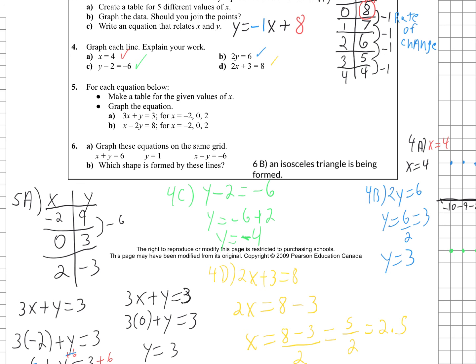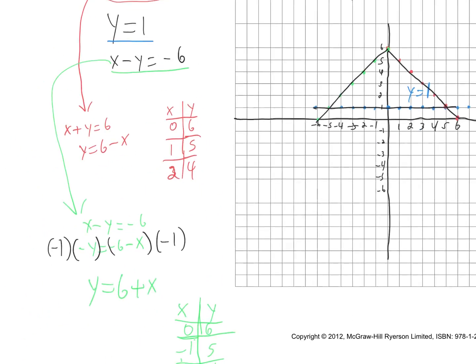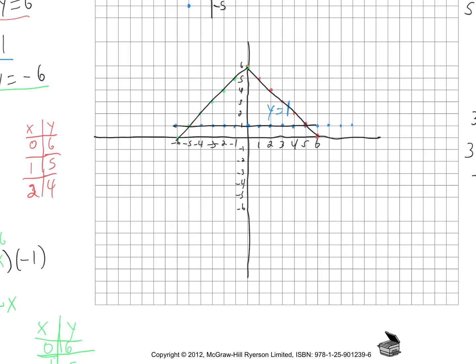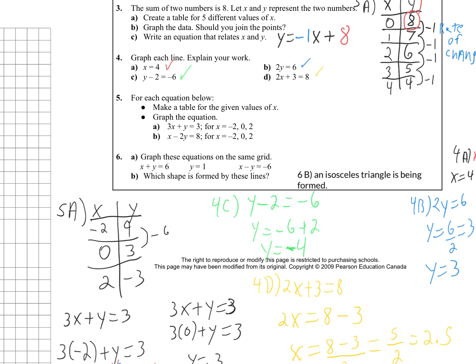The answer for 6 is right over here. That's all the math worked out. There's the graph right here. And of course, we typed in the answer for part B right over there. It makes an isosceles triangle.